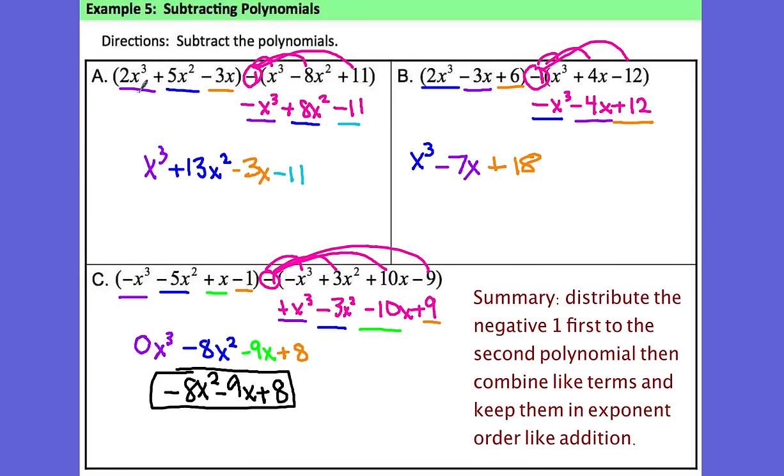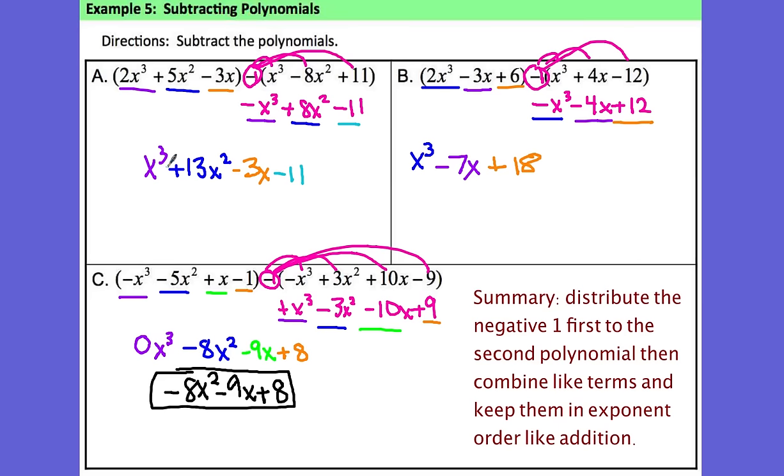So we have 2x squared minus x to the 3rd, and then we have 5x squared plus 8x squared, and then negative 3x does not have any other like term, so it stays. And then 11, that times the negative 1 makes it negative 11, and it is the only term, so it stays as well. So this trinomial minus the trinomial ends up being a polynomial to the 3rd degree.